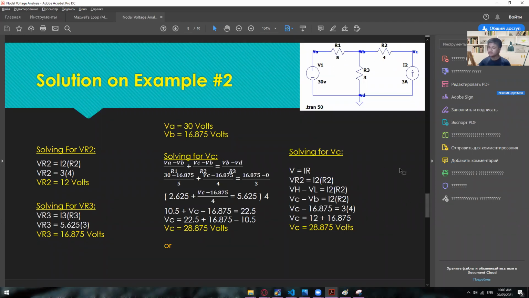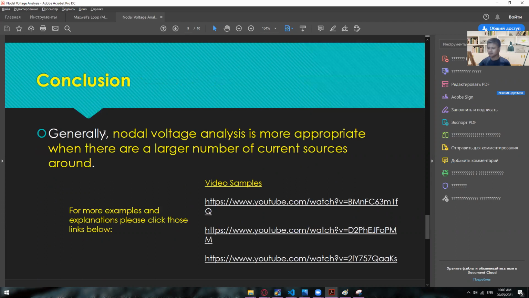Okay, so that's it for this example, and then here's just a conclusion. So generally, nodal voltage analysis is more appropriate when there are larger number of current sources around. Okay, so if we have maybe purely voltage sources, then you can use superposition theorem. But if there are more current sources, then nodal voltage is much more preferred when it comes to solving for the unknowns.